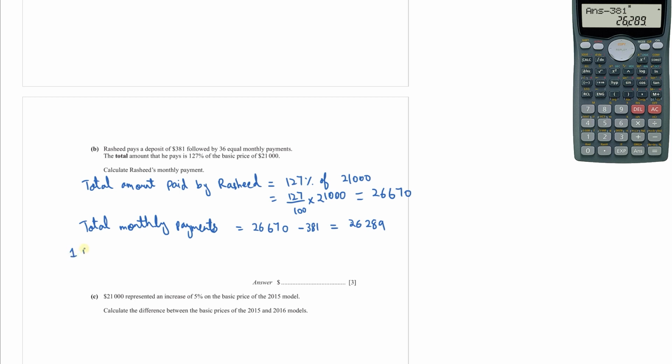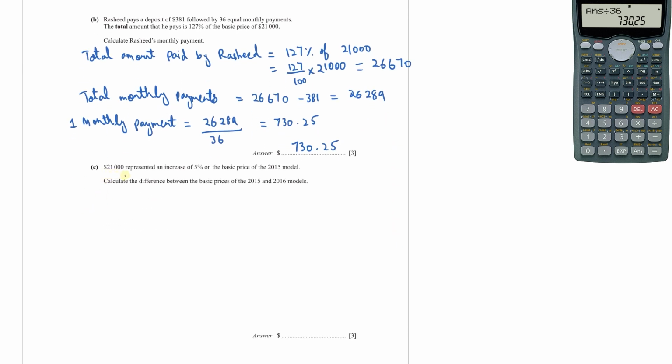So one monthly payment will be equal to the total he paid in monthly payments, which is 26,289 divided by 36, because there are 36 payments. So this will give you each monthly payment, which is $730.25.